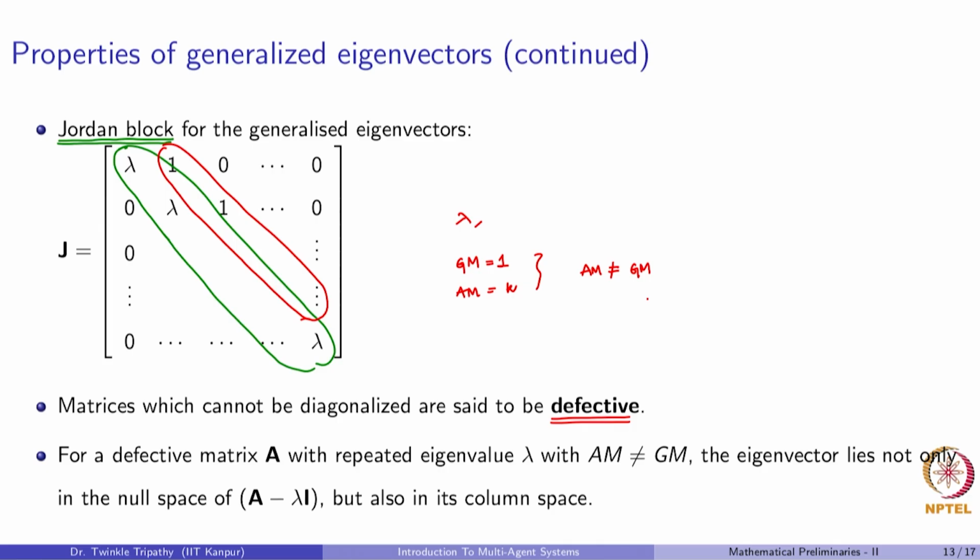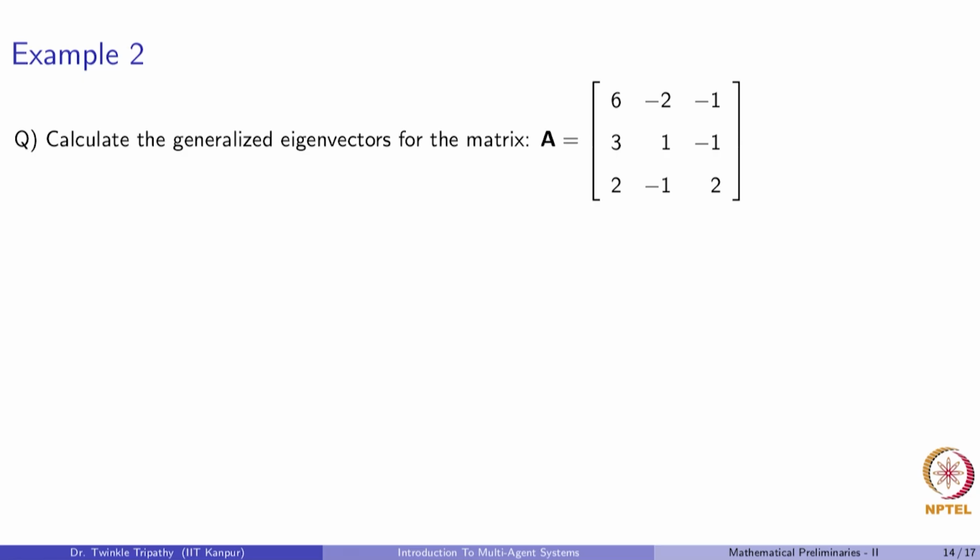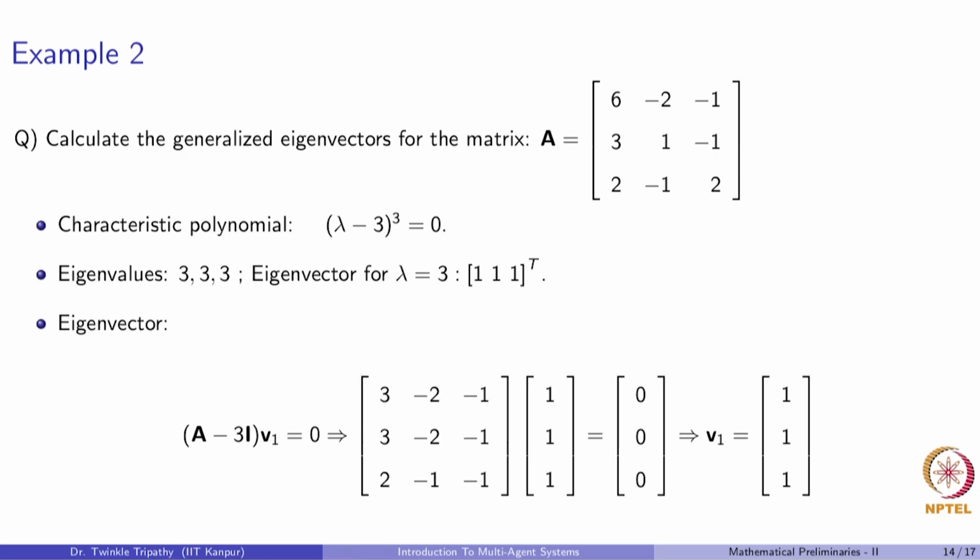In every defective matrix, the eigenvalue which is repeated and satisfies this property, AM not equal to GM, we will always have such a Jordan matrix. So this is a quick example of it. We take this matrix A, and again we calculate its characteristic polynomial.